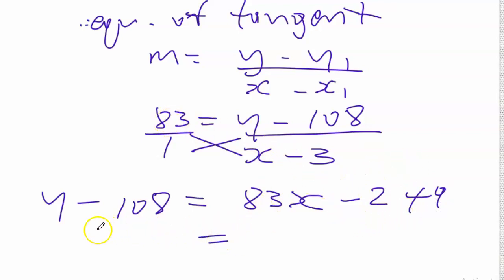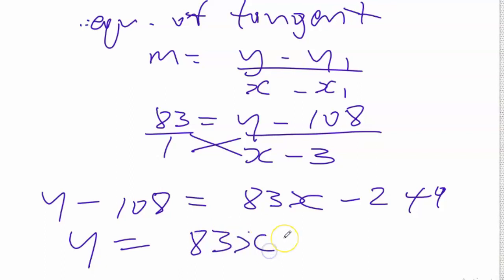So we can add 108 to both sides, so we end up with 83x minus 249 plus 108. Let's check this. Minus 249 plus 108, that's minus 141.